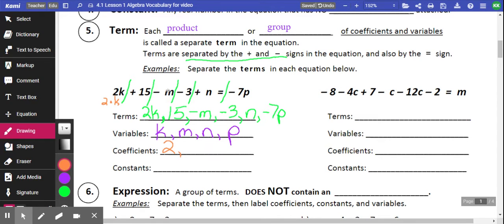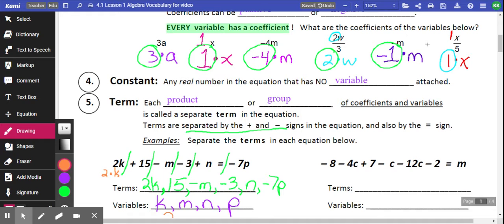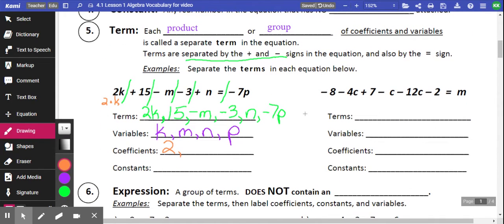My next variable is M, and if I look back at this example, I can see that it's just exactly like this one. So it's negative M, which means negative 1 times M. So my next coefficient is negative 1.